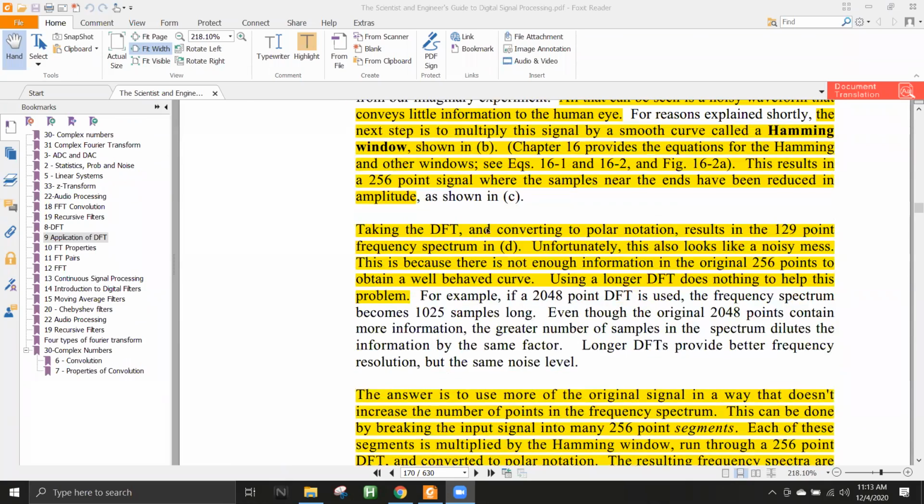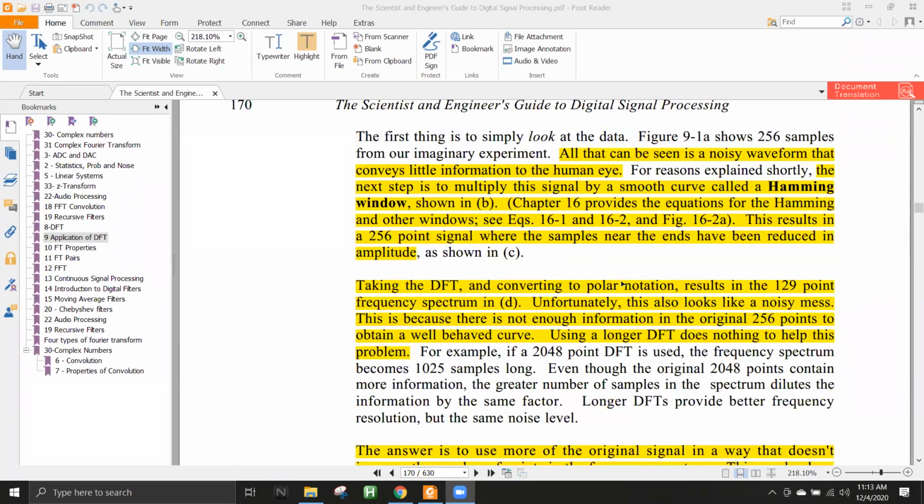This whole scenario just shows a sequence of actions that you can do to get meaningful information from any signal. Since you cannot understand anything directly, what you do next is multiply this signal by a smooth curve called a Hamming window, and we'll be talking about the Hamming window later on in the digital filter chapter.